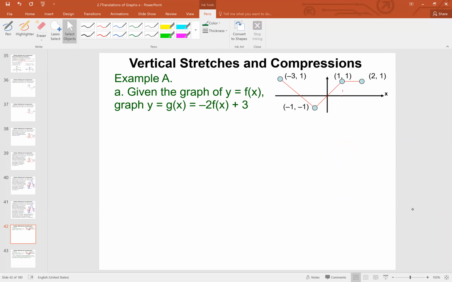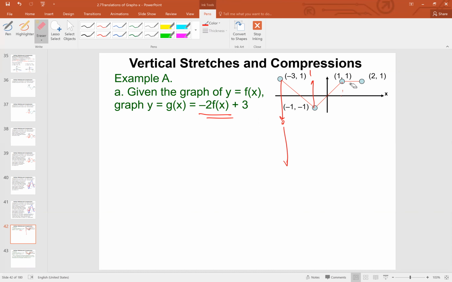In this example, to get g of x, you need to take f of x, stretch it by a factor of 2, reflect it if you like, keep track of where each point goes, and then double the height, -2.